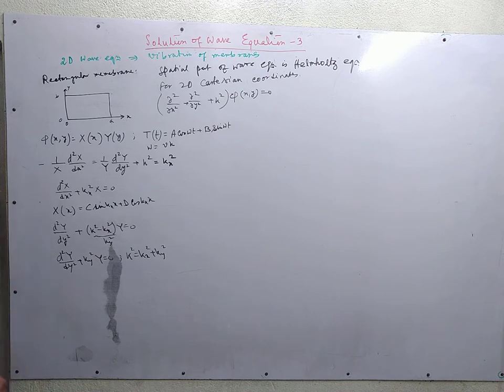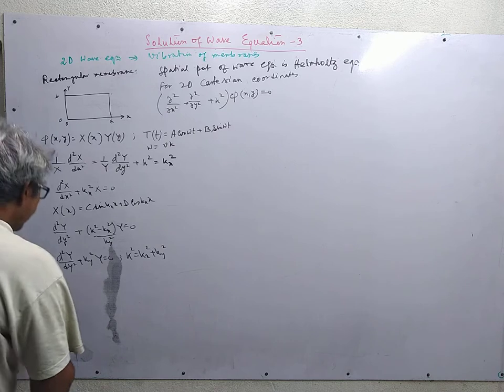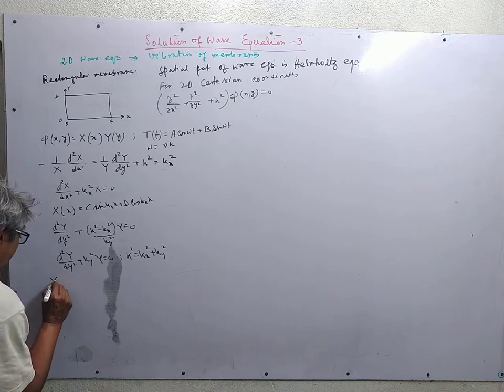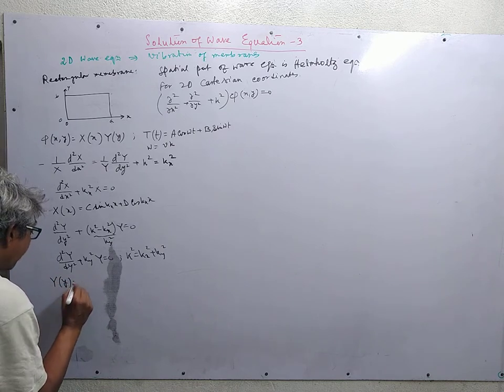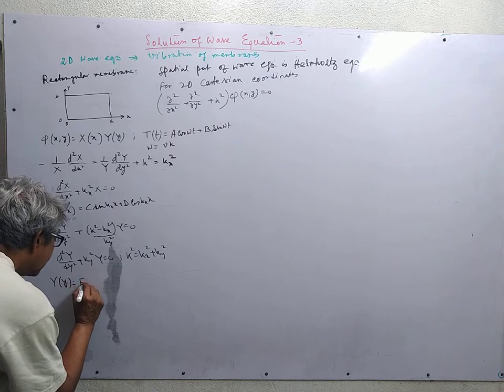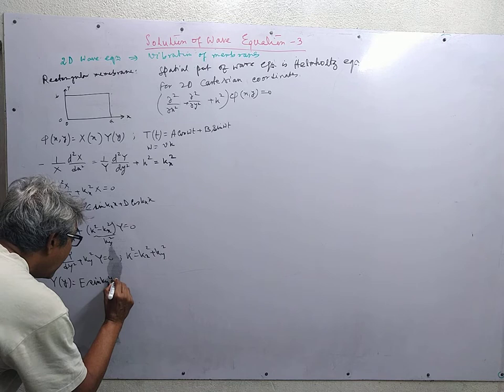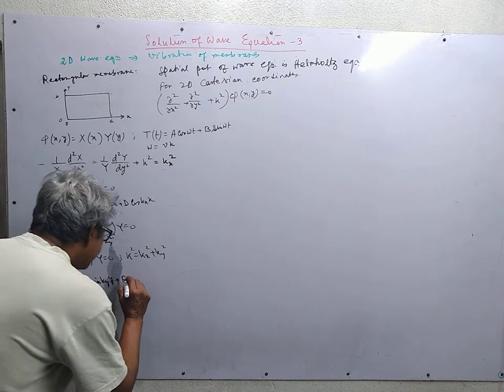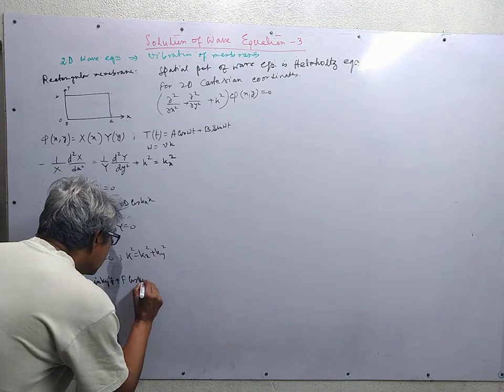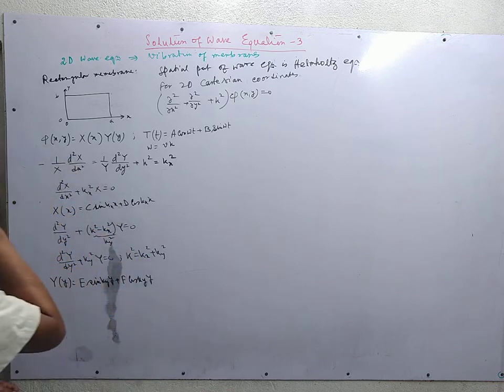But for the Helmholtz equation, we do have sinusoidal solutions for both x and y directions. And again, Y of y in the form of stationary waves is E sin ky y plus F cos ky y. These are the solutions.